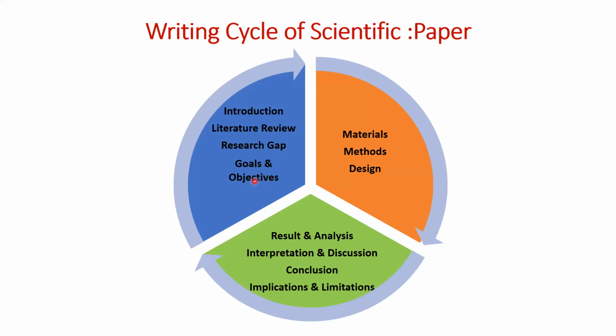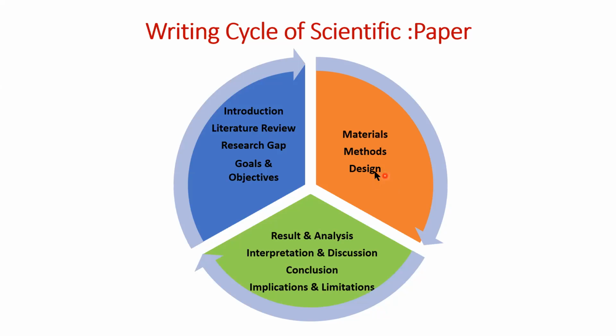So you have to mention the goals and the objectives. You have to mention the research gap in that. So this is the first part of your scientific paper or research thesis, any scientific document which you are presenting somewhere.